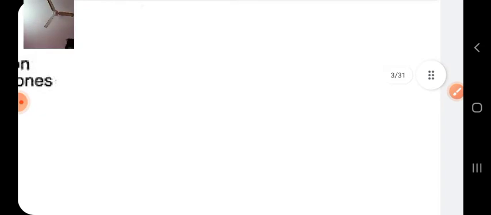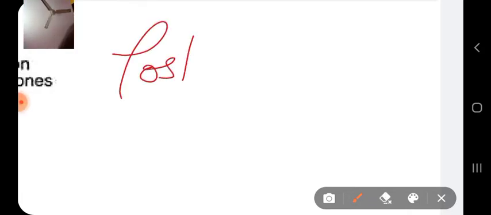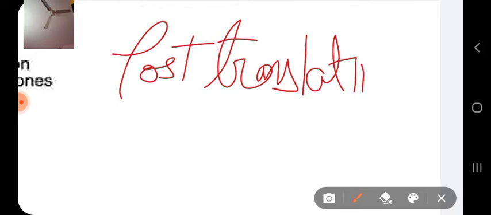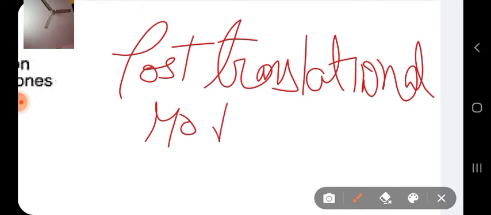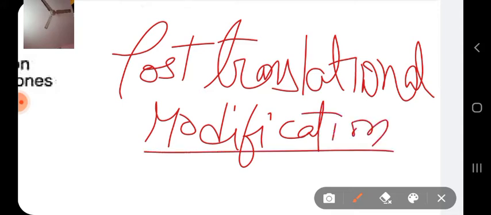As we have studied in our molecular biology classes on translation, there is a term called post-translational modification. This type of modification occurs in eukaryotic cells, not in prokaryotic cells.